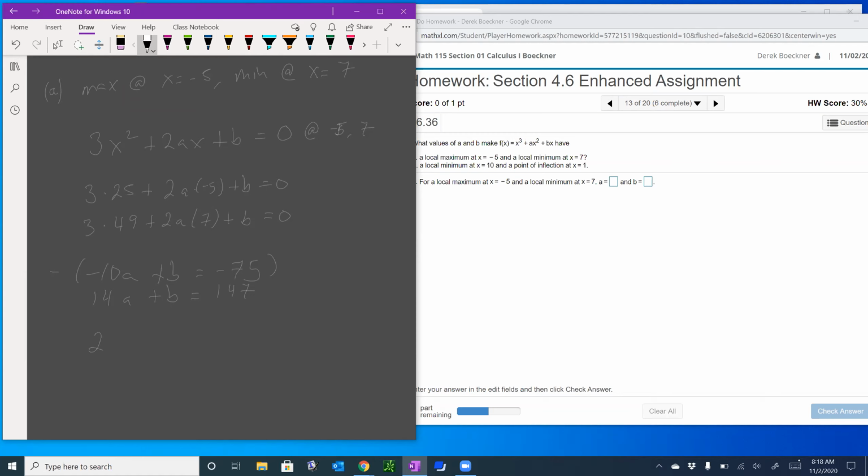So I have 24a, the b's will cancel, equals 222. So a is going to be 111 over 12, which factors a little more. That's 37 over 4.